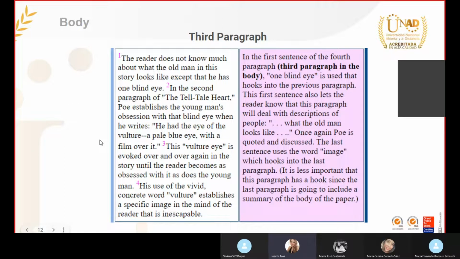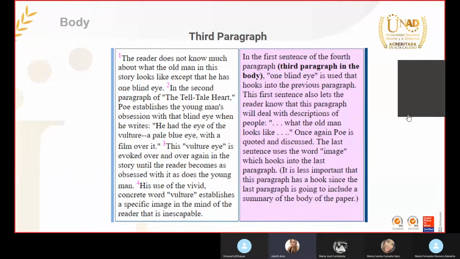The reader does not know much about what the old man looks like, except that he has one blind eye. In the second paragraph of The Tell-Tale Heart, Poe establishes the young man's obsession with the blind eye when he writes, he had the eye of a vulture, a pale blue eye with a film over it.